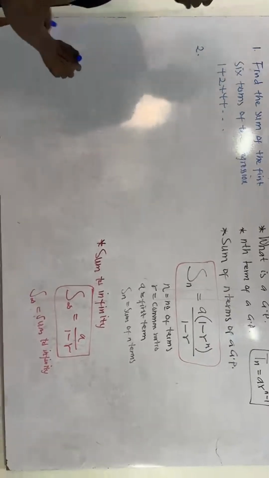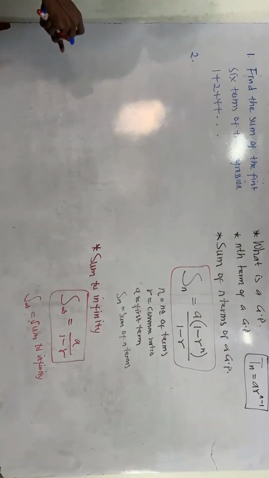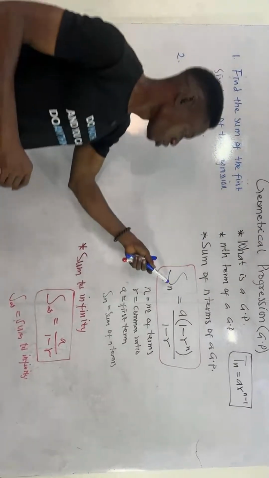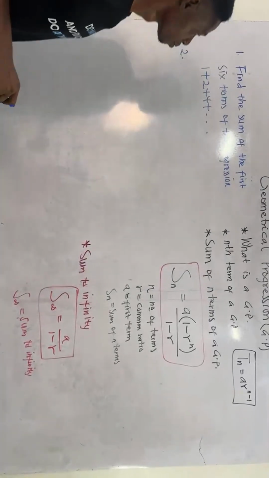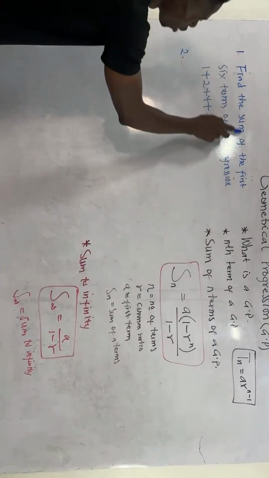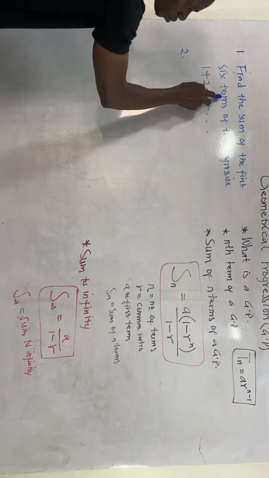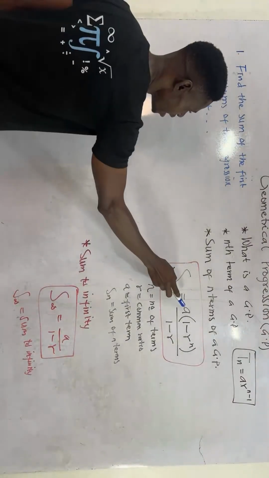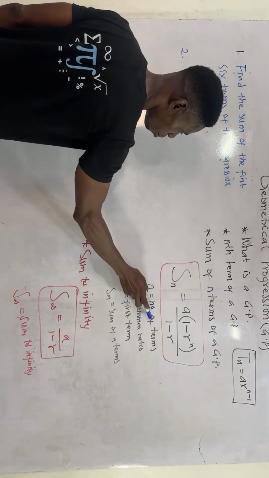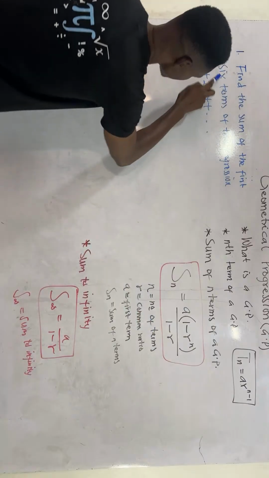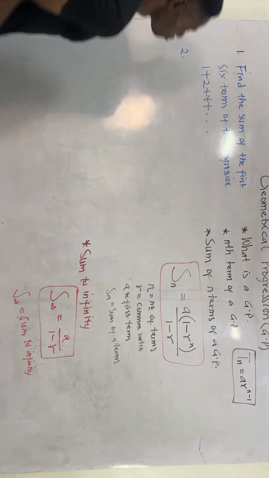All right, look at this number 1 now. Are we looking for the sum of n terms or the sum to infinity? The question says find the sum of the first 6 terms. So you are looking for n terms. You are given the number, right? 6. So you are using this formula.